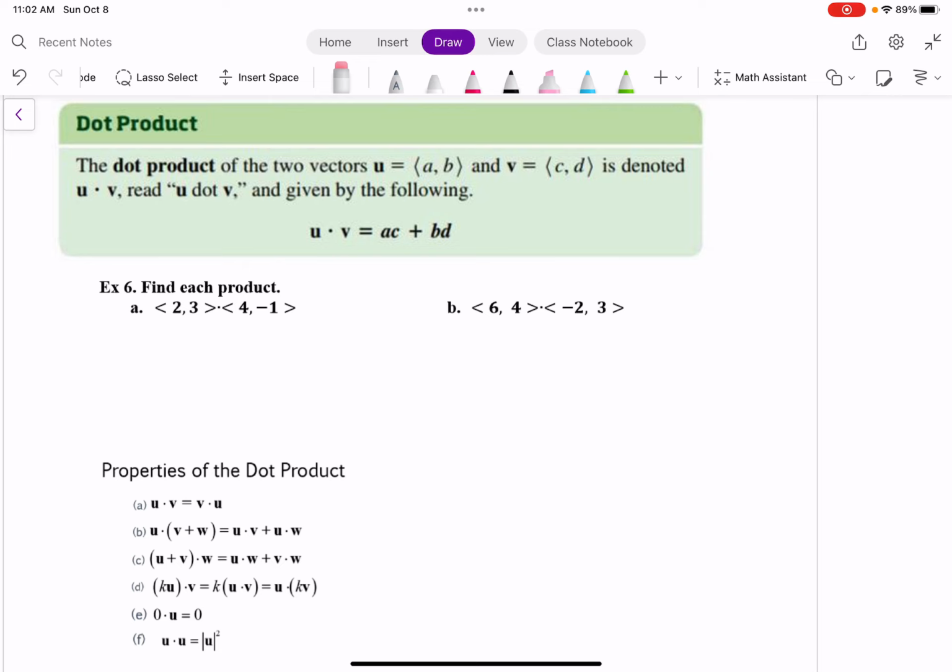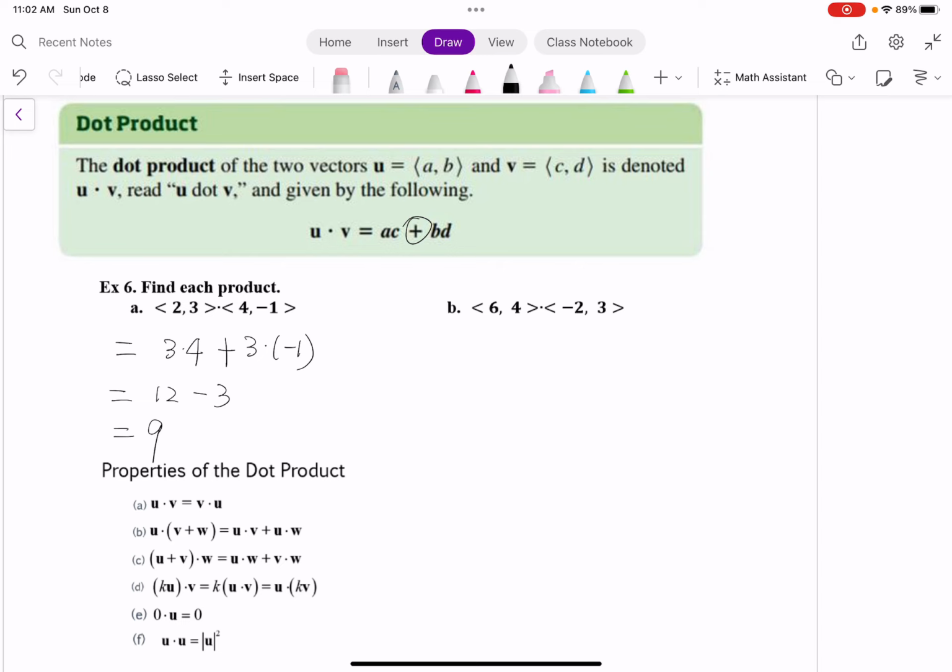Find each product. By the formula, we know the dot product between two vectors. We multiply the horizontal components together, 3 times 4. Then we plus, so here is always addition, plus 3 times negative 1. Then we have 12 minus 3. This is 9.